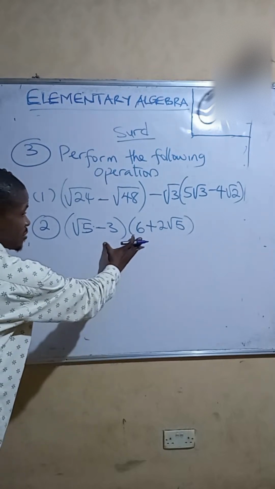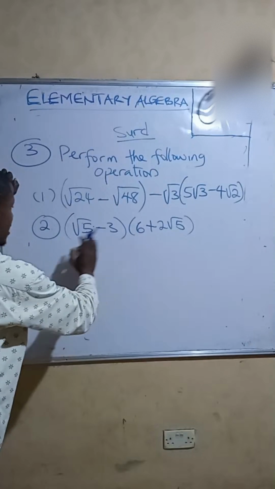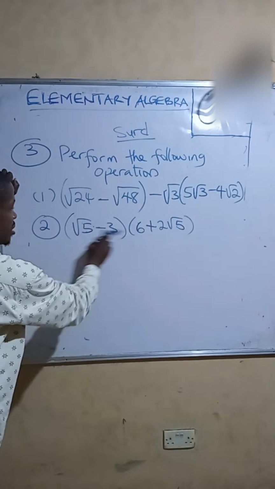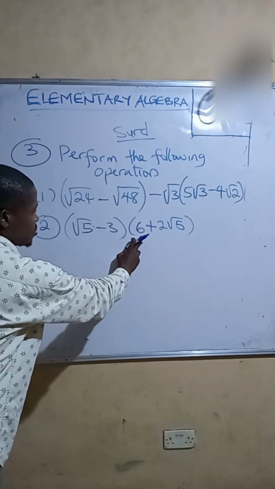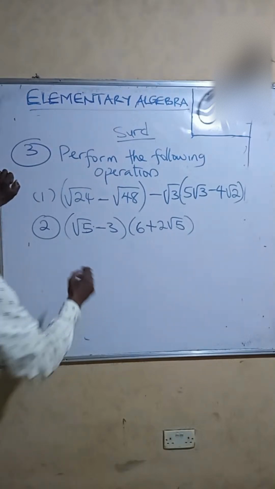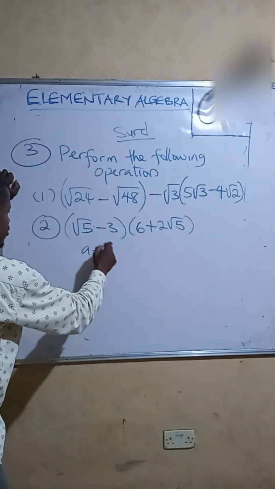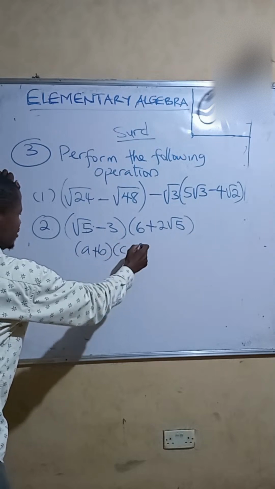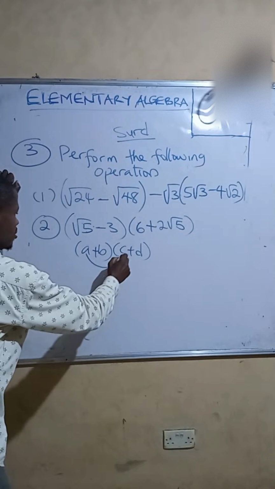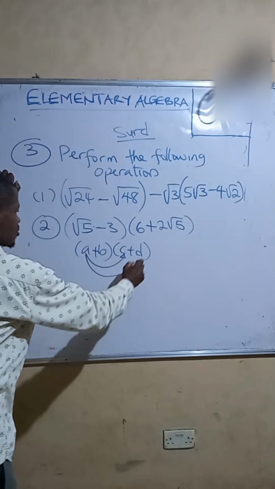This is normal expansion. We have root 5 minus 3, bracket open and close, times root 6 plus 2 root 5. Okay, let me take us to this algebra, a plus b times c plus d. This will become this one times this one, and again this one times this one.